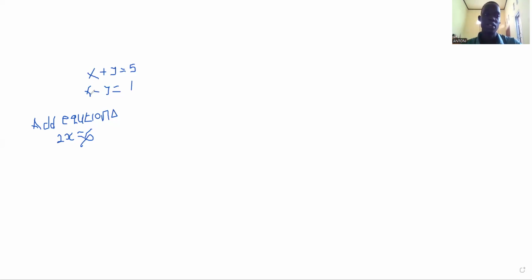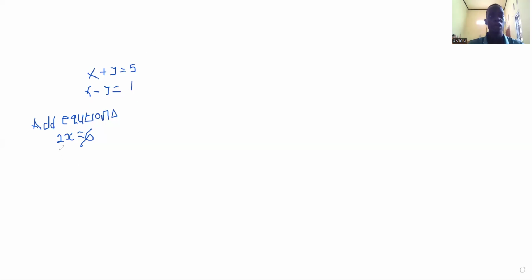If you add x plus x, you get 2x. If you add positive y plus negative y, these terms cancel each other. And so we are left with 5 plus 1, which gives us 6. So here we get 2x, because x plus x is 2x, and 5 plus 1 is 6.